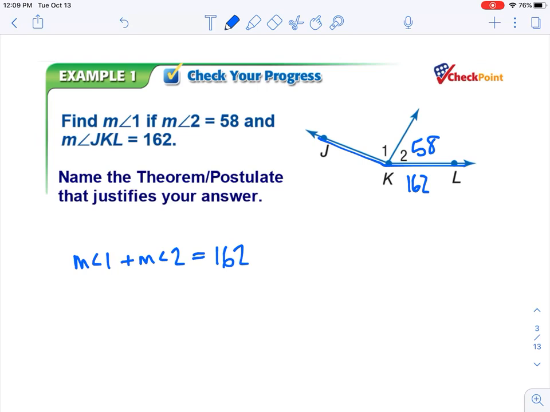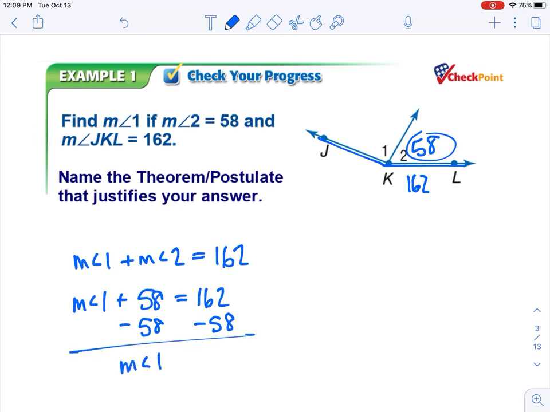So now I can substitute in 58 for the measure of angle 2. The measure of angle 1 plus 58 equals 162. And then solve for the measure of angle 1. So I get 104 is the measure of angle 1. And then I use the angle addition postulate as my reason, okay?